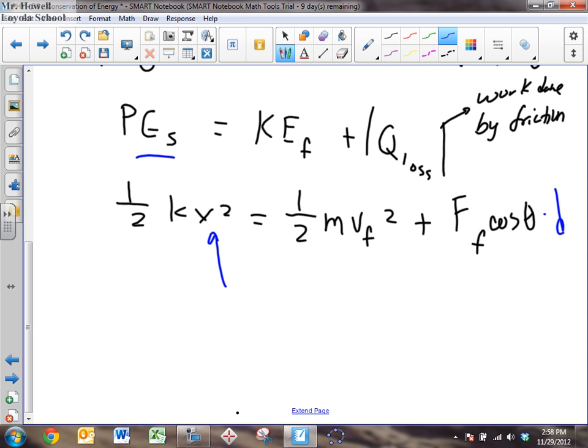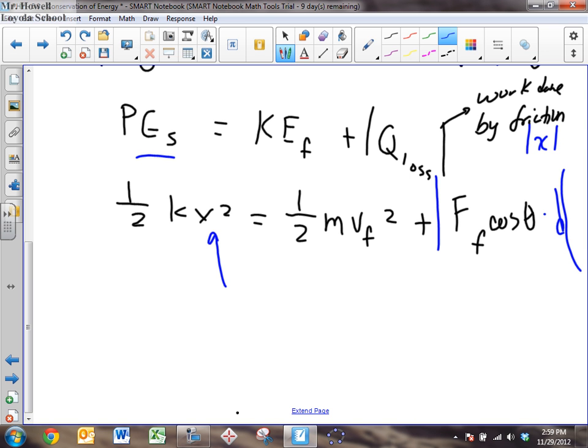Now, I don't need the absolute value signs anymore on the d, but I do have absolute value signs around the whole thing, because the Q loss had absolute value signs around it. I don't need the absolute value around the d, because the absolute value of displacement is distance. So I can just write distance there.